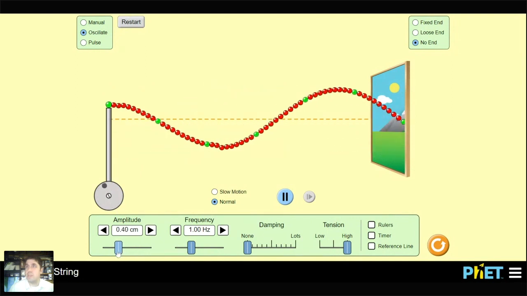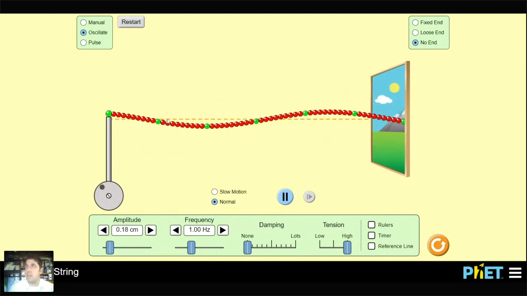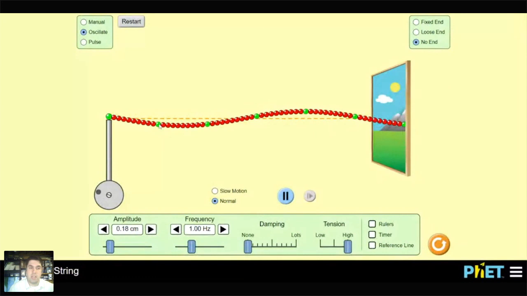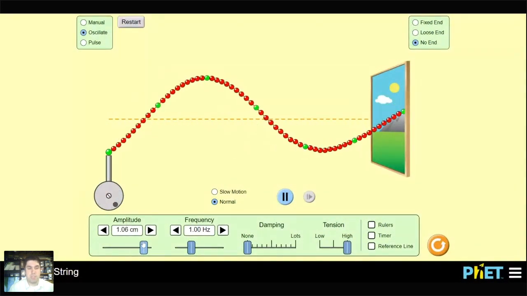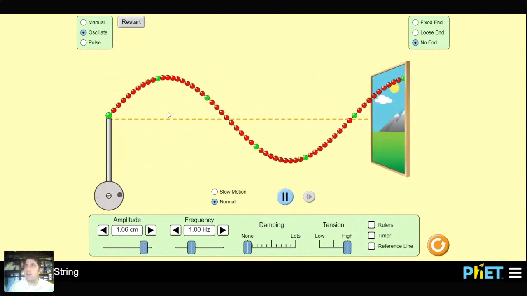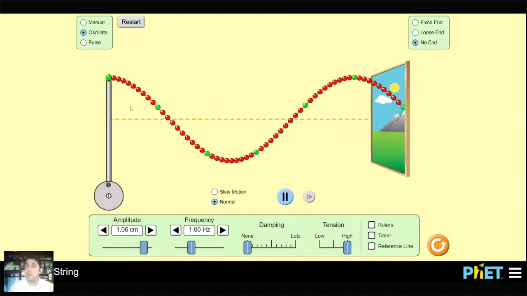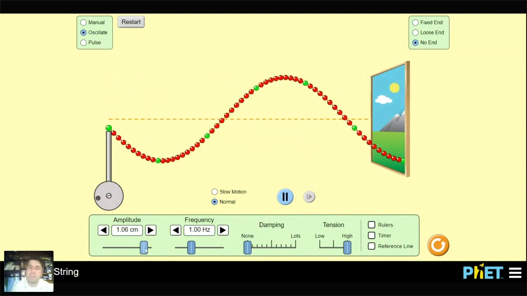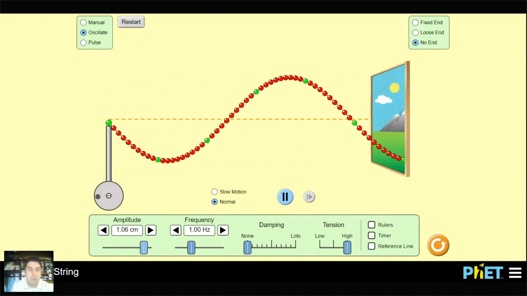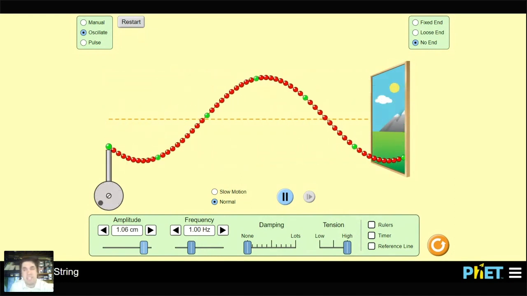We can adjust the amplitude, so I can crank the amplitude down and notice the height of the wave got much smaller. If I crank the amplitude up, we suddenly get much bigger things going on. So up and down, up and down, up and down, bigger height, bigger amplitude. For music and stuff like this, a wave with more amplitude means it sounds louder.